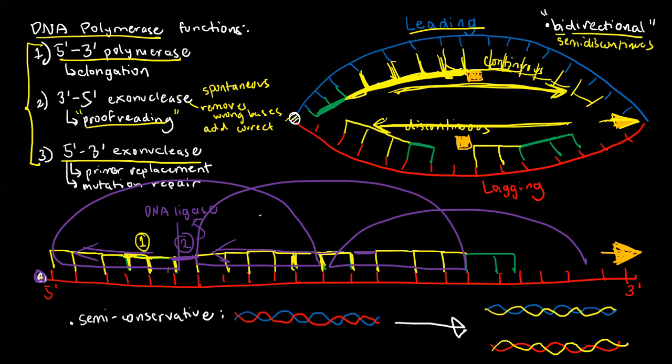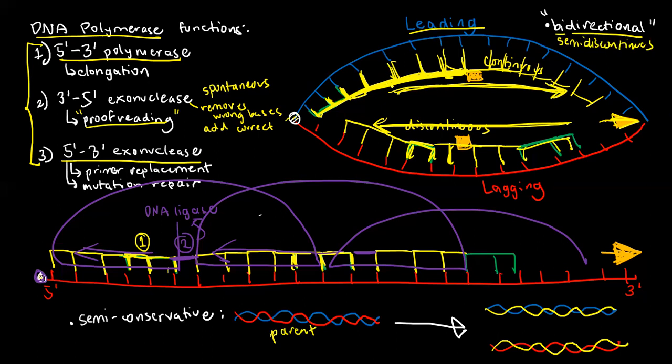Now, at the end of the day, remember, we started with blue and red only. We could say that this is the parent strand. Our parent strand is only blue and red. But at the end of the day, imagine as if these green things are gone. We're supposed to replace the primers, right? And then the yellow ones are all that remain. What are the colors that we would have at the end?